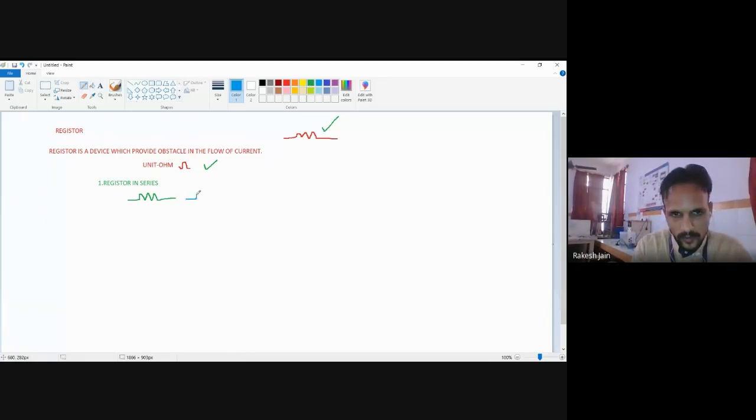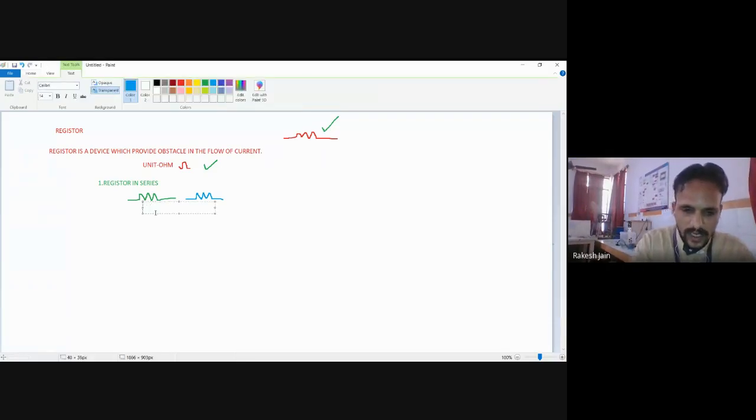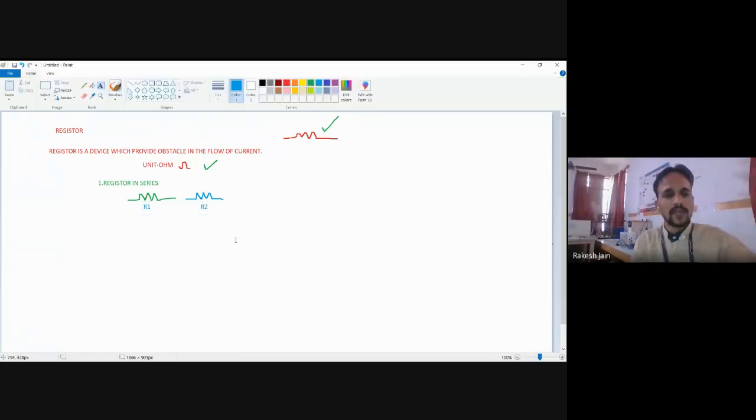Because both are resistors, the symbols are the same and the abbreviation starts with R. But to differentiate them, I put R1 and R2. Here R1 and R2 are the values of those resistances. For example, 10 kilo ohm and 5 kilo ohm: then 10 kilo ohm is the R1 value and 5 kilo ohm is the R2 value.